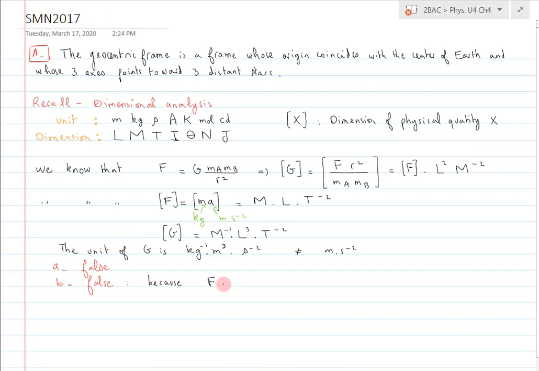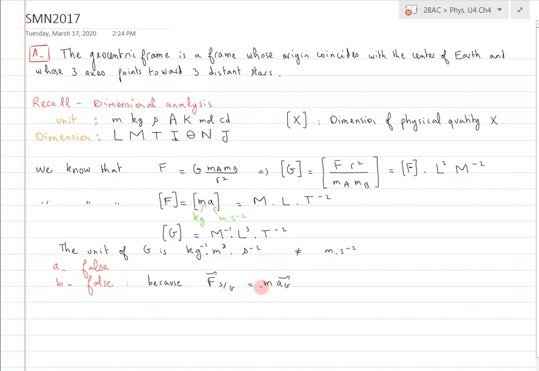Because the gravitational force that the Sun exerts on Earth is equal to mAg. From this equation, I can see that these two vectors, F and Ag, have the same direction. Knowing that F is centripetal, Ag should also be centripetal. Centripetal means that the vector is normal to the trajectory and pointing towards the center of curvature.